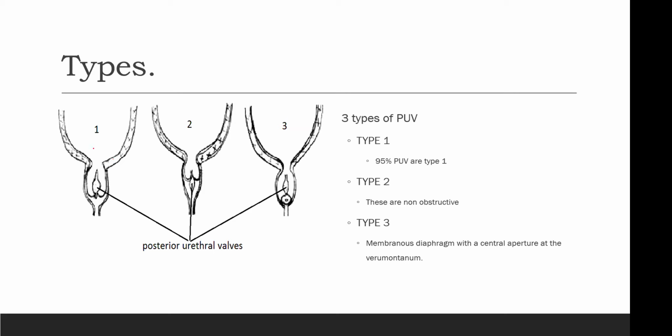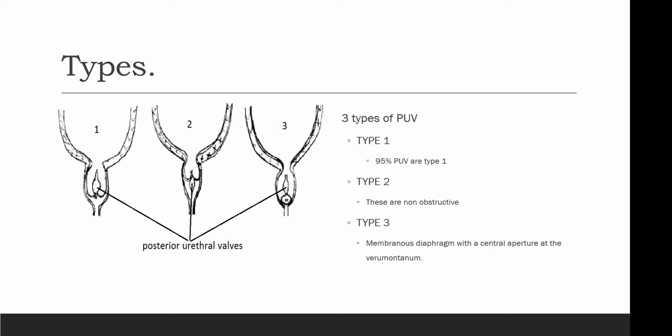As the urine is coming from the bladder and tracking down, it gets caught in these leaflets that are divided by fibrous tissue where they meet.